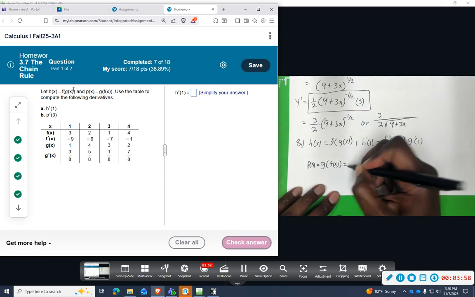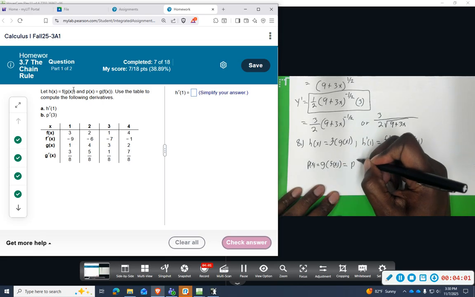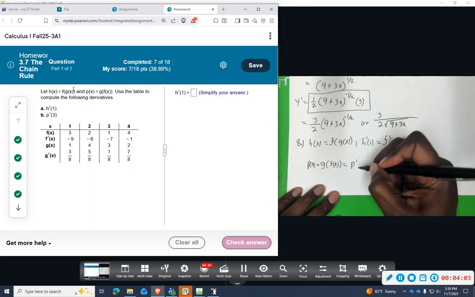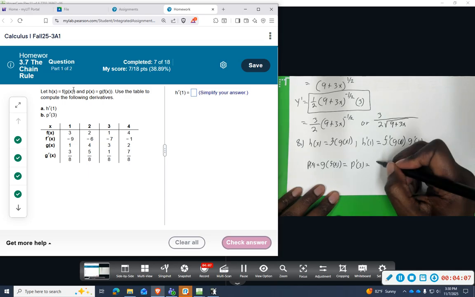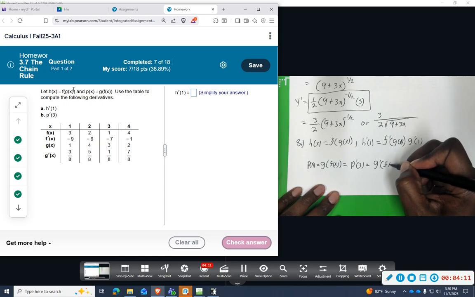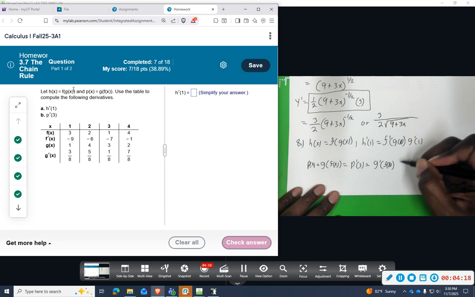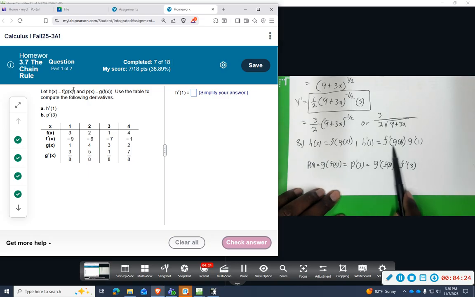Then on the p prime, we are plugging in 3, and that will be the derivative of the outside, which will be g prime, leave the inside as is, so we'll say g prime of f of 3, and then times the derivative of the inside, so f prime of 3. All right, so all we're going to do is match this up.